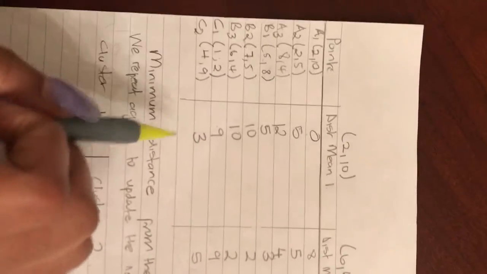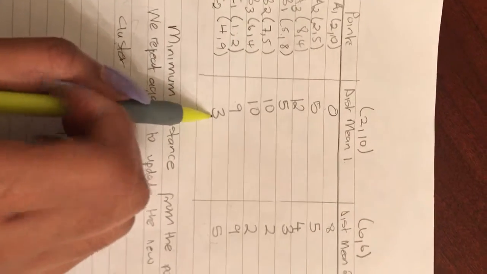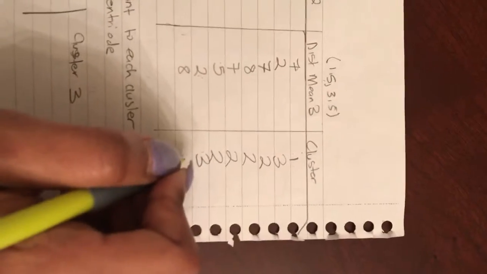And the last one, 4,9, is close to distance 3, so it's cluster 1. So pretty much, to make it simple, the minimum distance, that's the rule. The minimum distance from the point to each cluster is what we use to determine what cluster we place each and every point in, using the new distance mean.